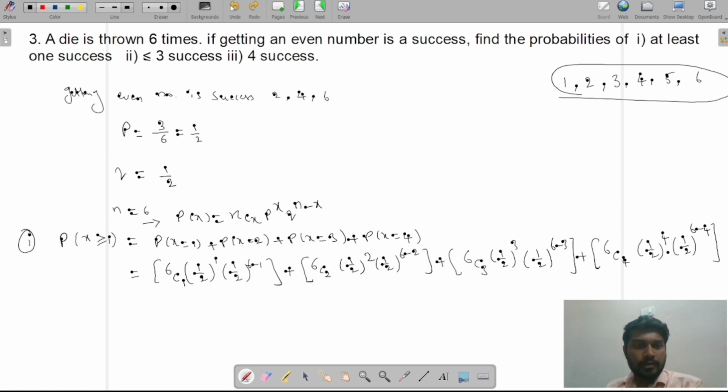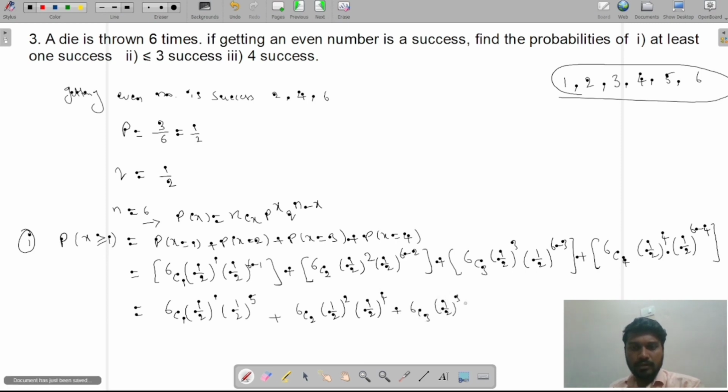So now it becomes 6C1 1 by 2 to the power of 1 into 1 by 2 to the power of 5, plus 6C2 1 by 2 to the power of 2 into 1 by 2 to the power of 4, plus 6C3 1 by 2 to the power of 3 and 1 by 2 to the power of 6 minus 3 is 3, plus 6C4 1 by 2 to the power of 4 into 1 by 2 to the power of 6 minus 4 is 2.